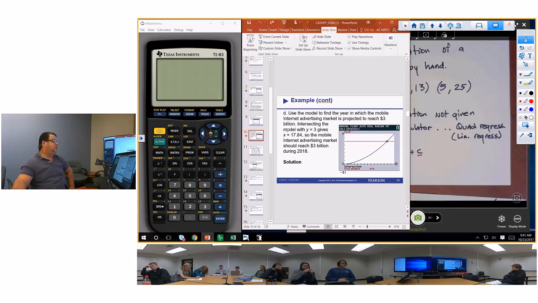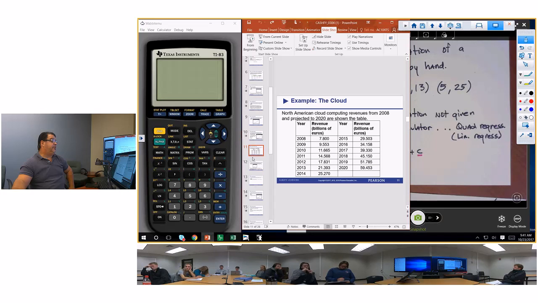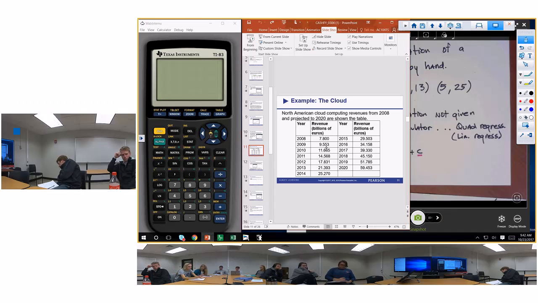That's not a big deal. Here's another example. Let's type these in. Go ahead and type them in your calculator. Then graph it, because you need to look and see what kind of a graph you're talking about, and then what to do with that graph.